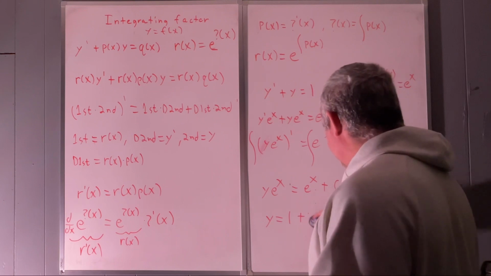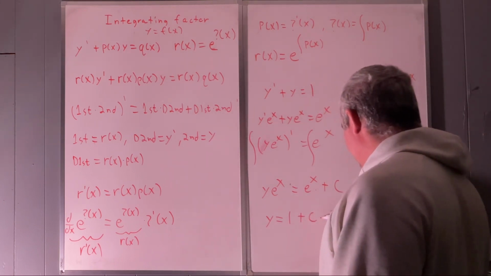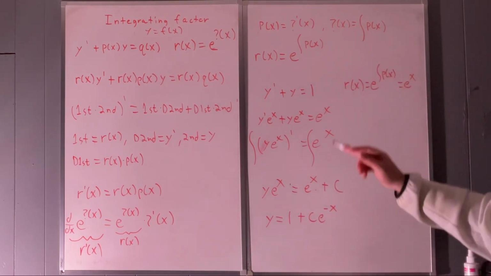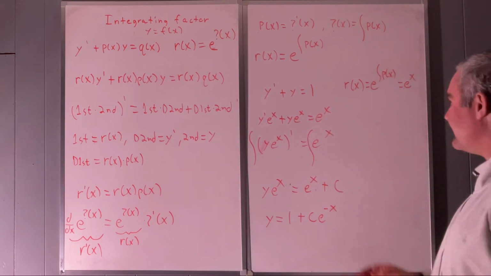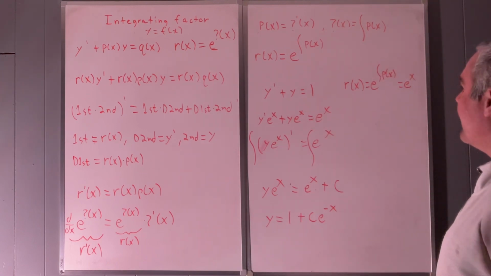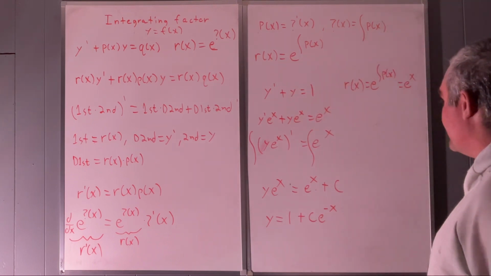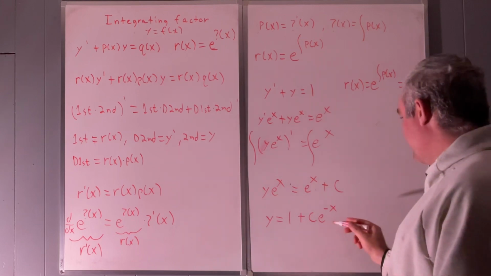I'm going to rewrite that as c times e to the negative x. So we're claiming that y prime plus y is equal to 1. Well, what's y prime?